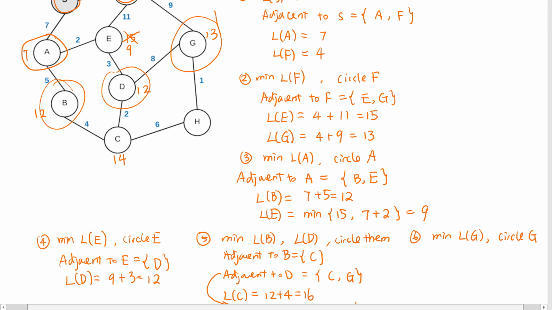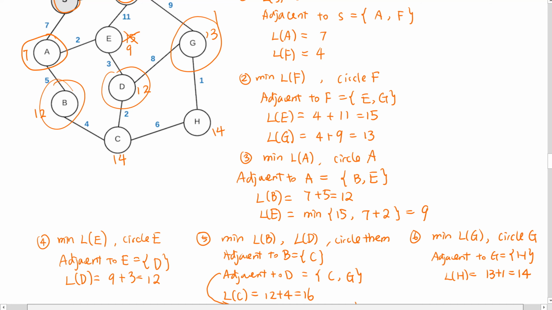Okay, so circle G. What are the vertices adjacent to G? It is H. And then LH is 13 plus 1, 14.